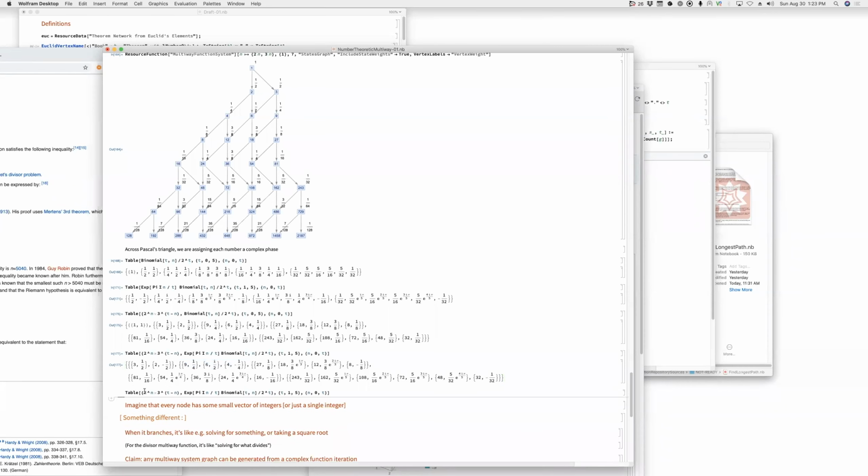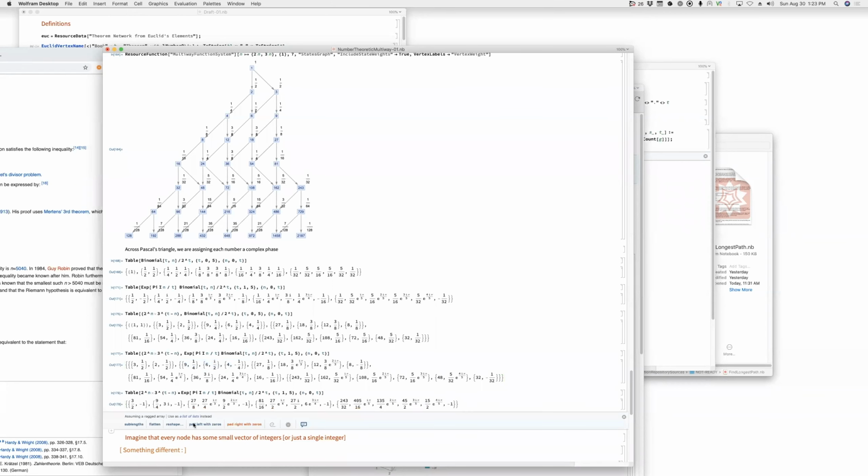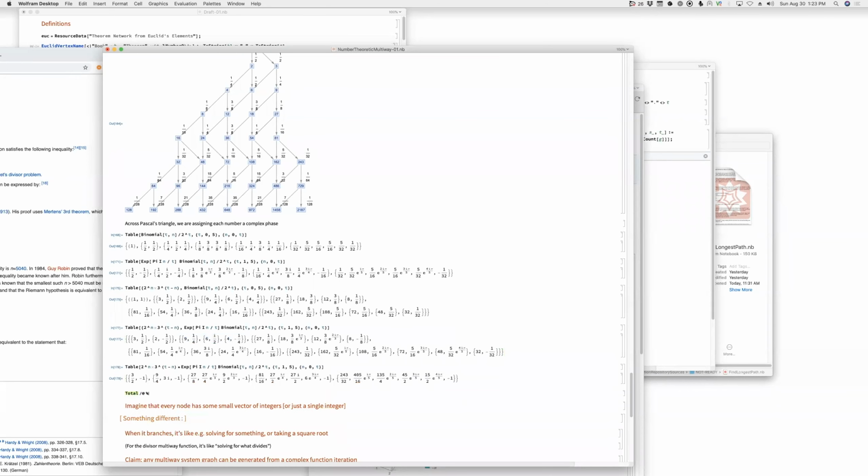But why don't you just put a multiplication sign in here? Isn't it just this then? Yes, it is. Okay. So now we say total slash at that.